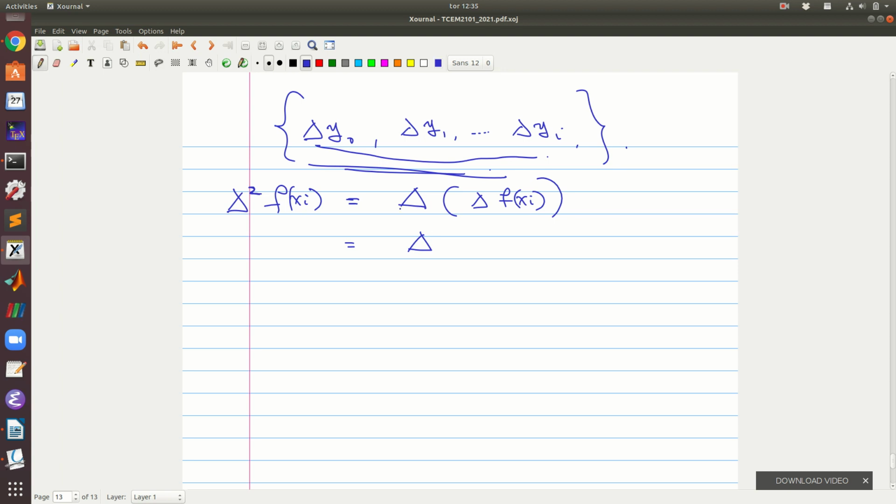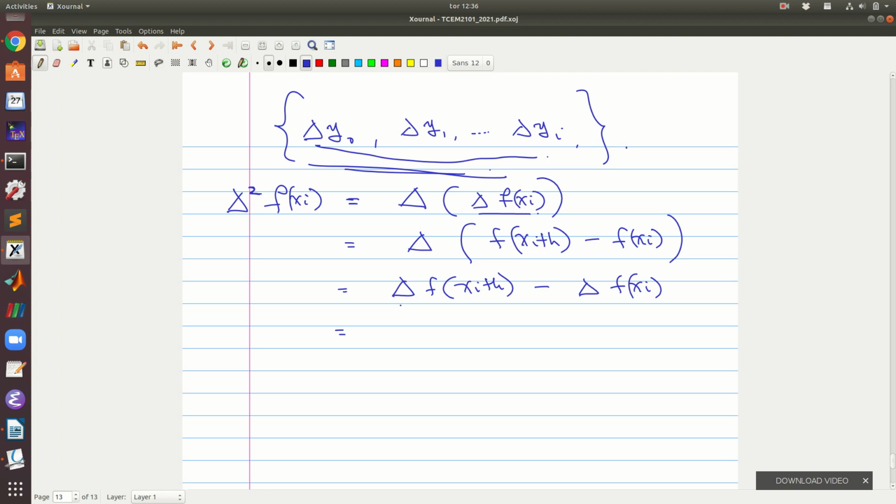So the second forward difference operator is going to be the first forward difference of this first forward difference. It is just like a composition. We already know what is inside: the first forward difference at xi is f of xi plus h minus f of xi. So now we are taking the forward difference of f at xi plus h, minus the forward difference of f at xi.